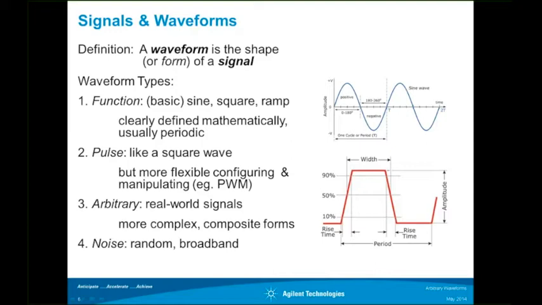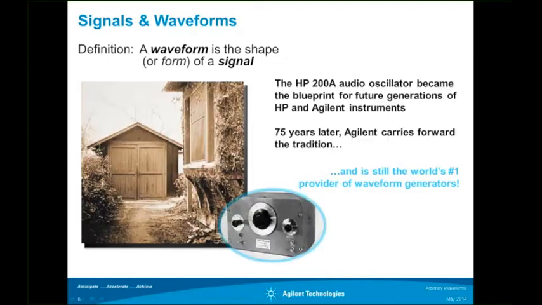So that's really the main difference between an arbitrary waveform generator and a function generator. And the accuracy that you have with an arbitrary waveform generator is going to make a large difference. And then we have a noise signal, which you guys are probably familiar with as well.